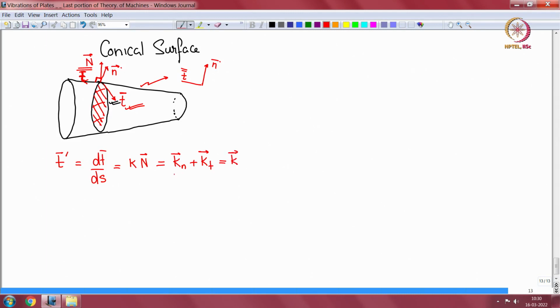So Kn is the normal curvature vector and Kt is the tangential curvature vector.